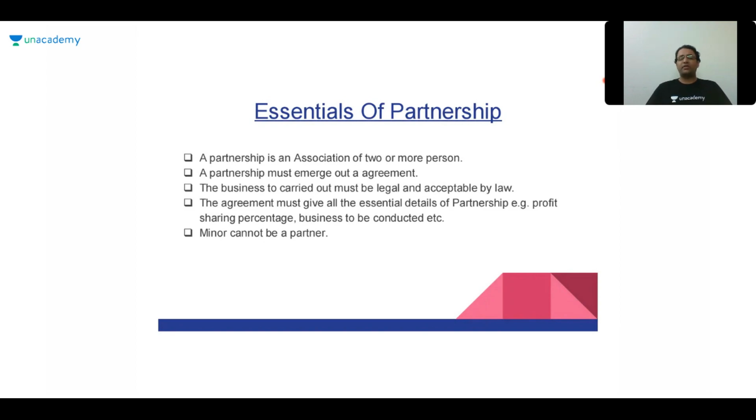The information contained in a partnership deed is information like the date on which the partnership firm came into existence, the name of the partnership firm, the registered address of the firm, the business the firm is authorized to carry on, the names and addresses of all the partners, the profit sharing and loss sharing of all the partners, the capital contributed by each partner, and the rights, duties, and responsibilities of each partner towards the other partners and the firm as a whole. So a partnership deed is a comprehensive document containing all the provisions relating to the running of that partnership firm.